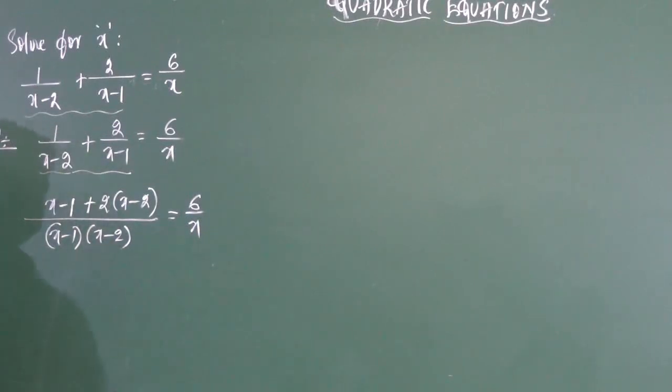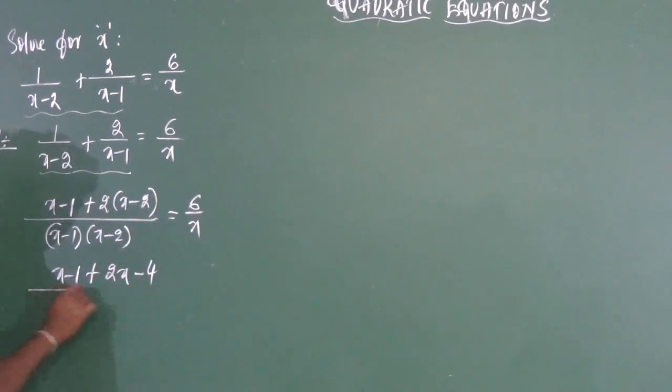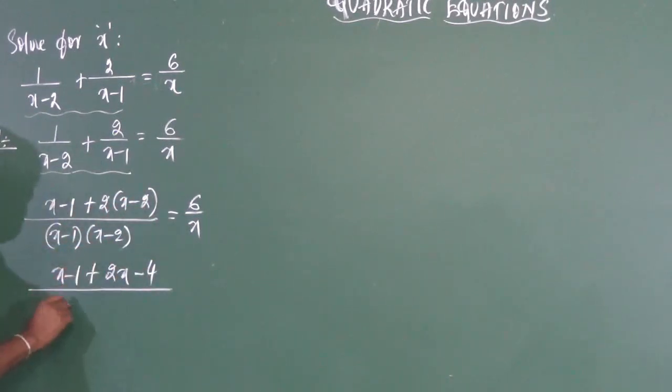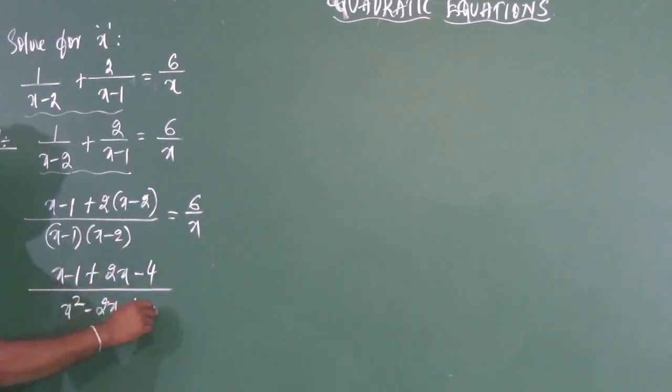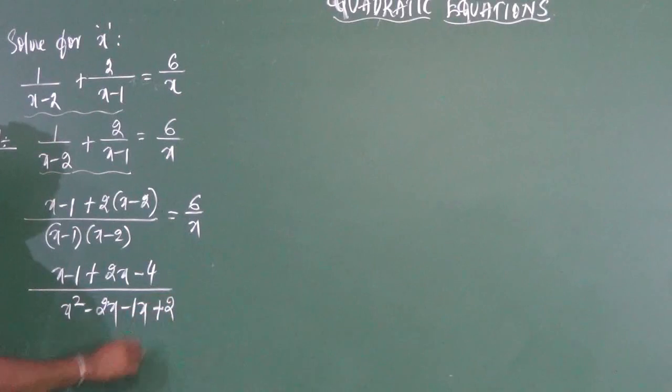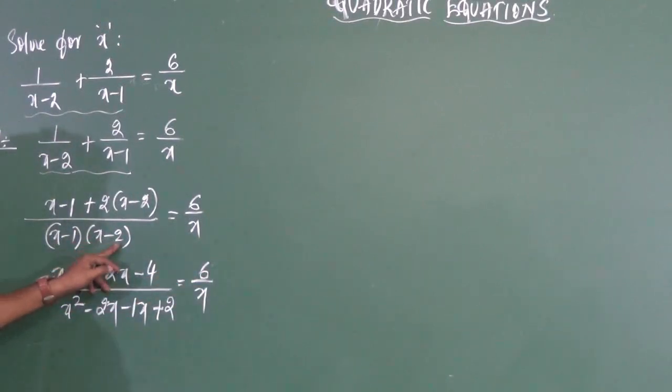So x minus 1 is here, plus 2 into x is 2x, 2 into minus 2 is minus 4, by x into x square. x into minus 2 is minus 2x. Minus 1 into x is minus 1x. Minus 1 into minus 2 is plus 2, is equal to 6 by x. Before multiplying the numbers, you have to first multiply their signs and then multiply the numbers.